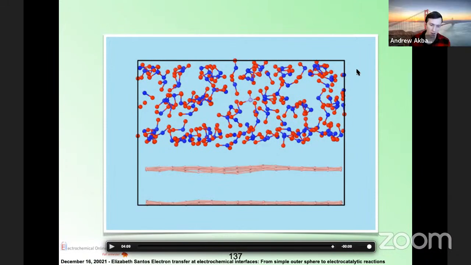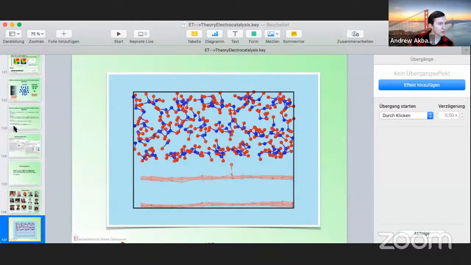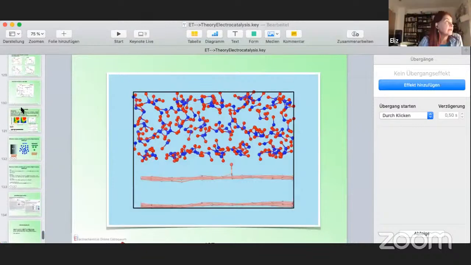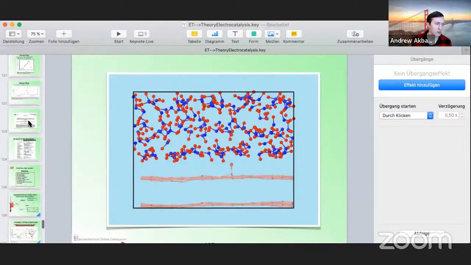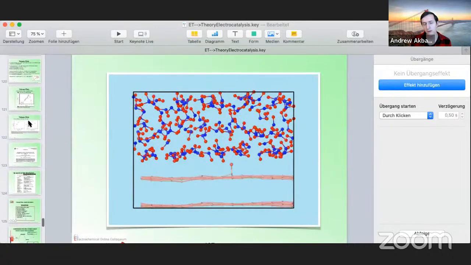I see, and maybe I will have two questions relevant to the last part of your talk. The first one is regarding the approach where the volcano plots are calculated. So this is the pure DFT calculation that a lot of people do these days, and it just provides thermodynamic quantities, for example, an energy of adsorption.